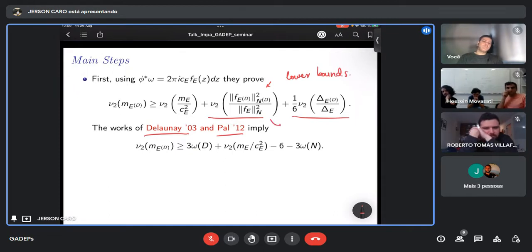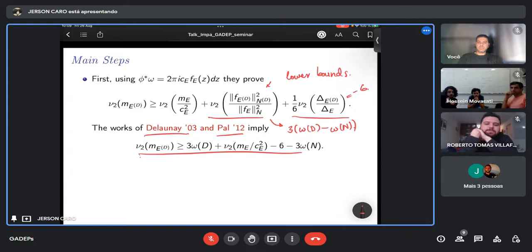For example, Delaunay gave that this is at least 3 times omega d minus omega n. And Pal proved that this quantity is bigger than minus 6. So that's the reason why we have this quantity.